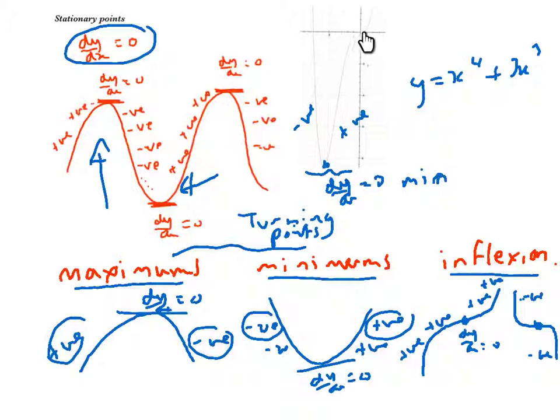And here we can see we have a flat, which must be our stationary point, dy over dx equals 0. And you can see that the gradient is going positive and then continues going positive after the stationary point. Therefore, this must be a point of inflection. Now, in the next slide we're going to see how we identify stationary points and how we can find them.